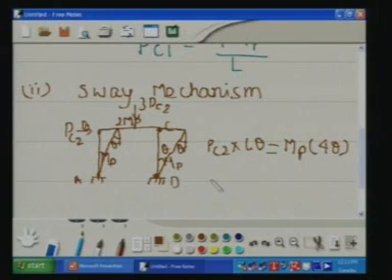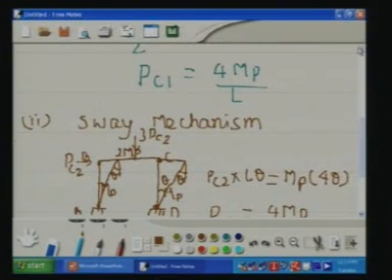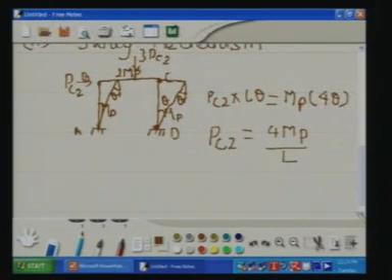So, this will give the value of PC2, the critical load in mechanism 2, and that is equal to 4 MP by L. So, if you compare with the first one, in the case of the second one, the sway mechanism, the value of the critical load is coming out to be the same.